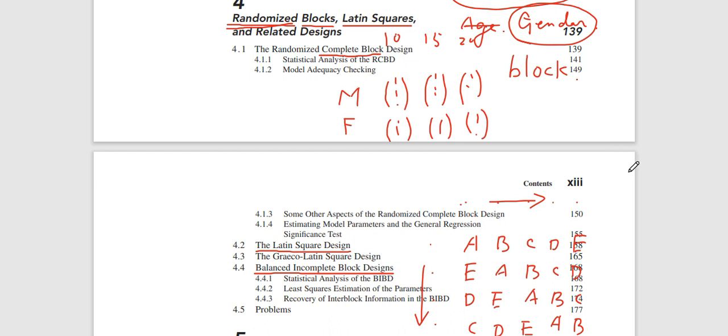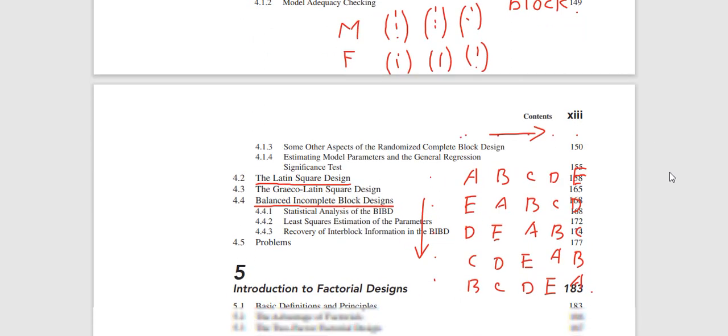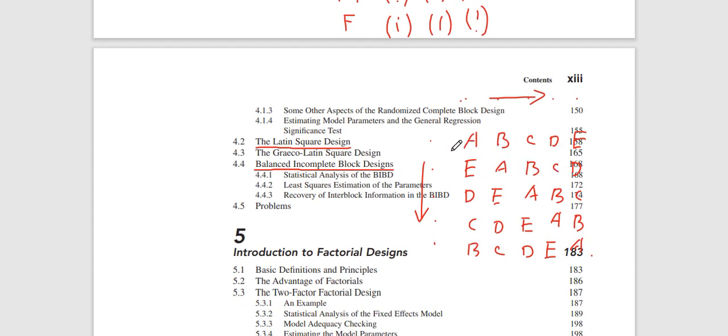So what does complete mean? Like in this one, we test all 5 of them. So this is complete.